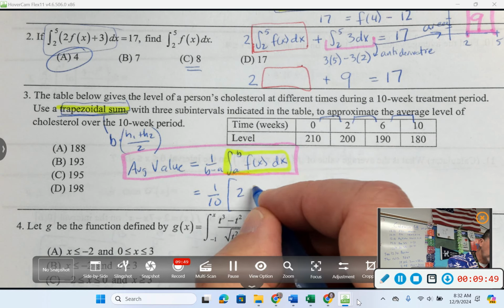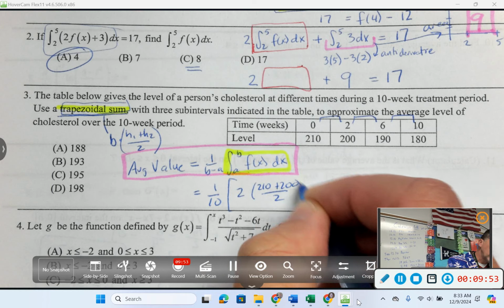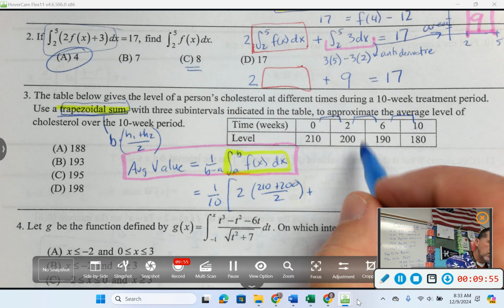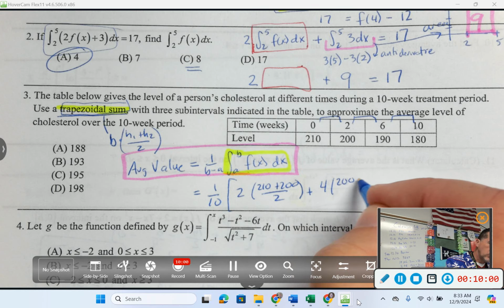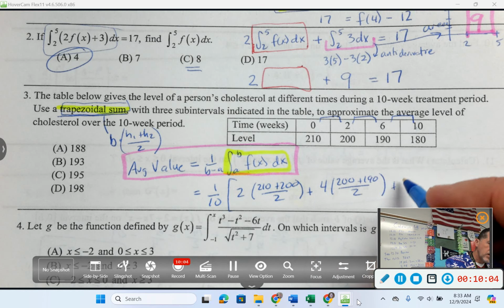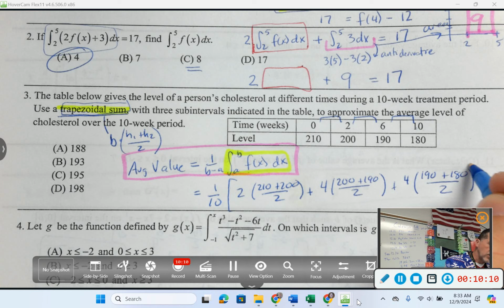So 2 times (210 plus 200) over 2, plus 4 times (200 plus 190) over 2, plus 4 times (190 plus 180) over 2.